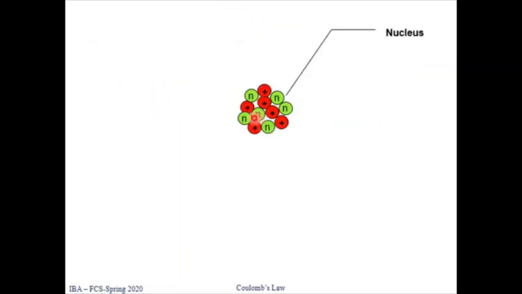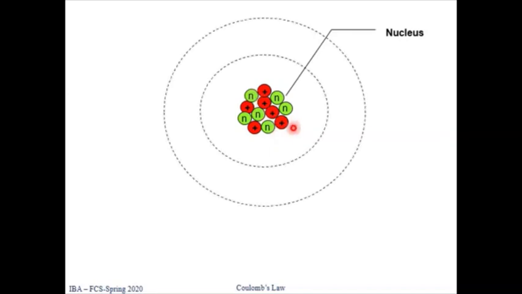A neutral particle is known as a neutron. And in order to balance these positive charges, negative charges revolve around this nucleus, so that the whole atom is considered a neutral atom.